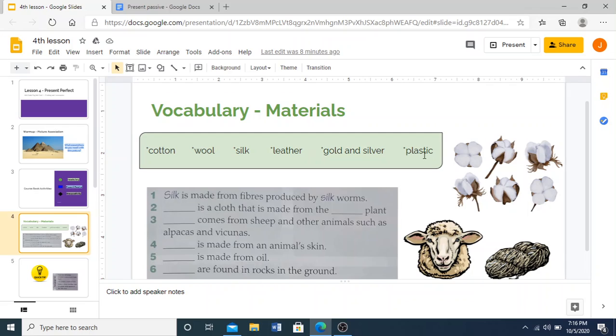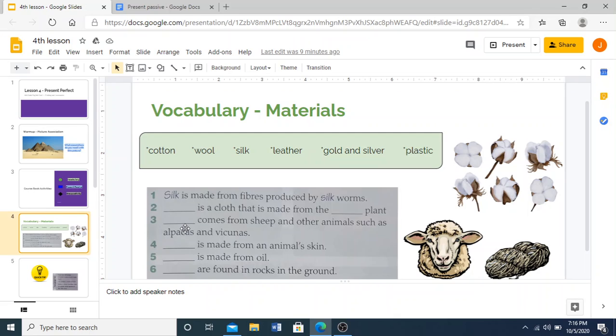All these are materials from which clothes are made, depending on what you want and what purpose they serve. Clothes and accessories are made from these materials. We are going to use these words to complete these six sentences that we have here.